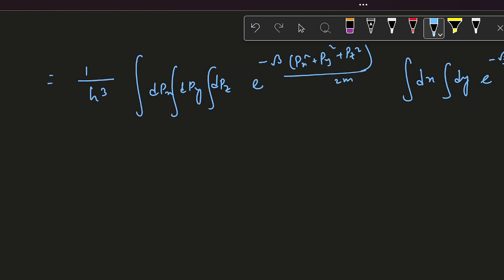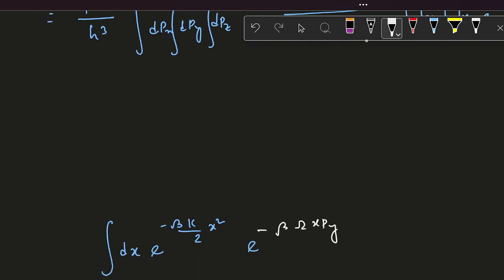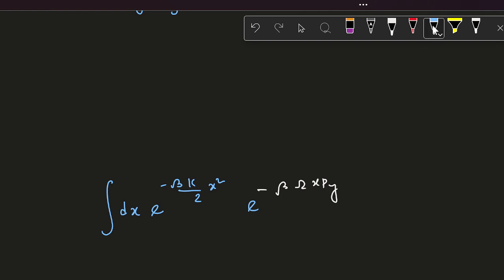But not only that, you also have this part from the rotational term, which has this x, which was not the case for z, because z did not have any other dependence, but x has part in this term. So you write that down: it is e to the power of minus beta omega x py, right?